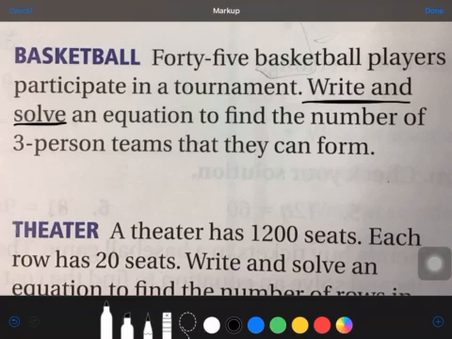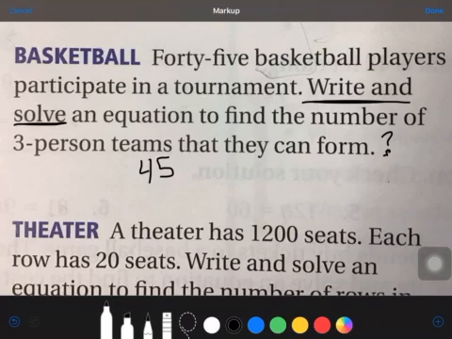So we're actually going to write an equation to match this problem. We've got 45 basketball players, so we know we're going to have a 45 in there somewhere. And then we want to know how many 3-person teams they can form. We don't know that.